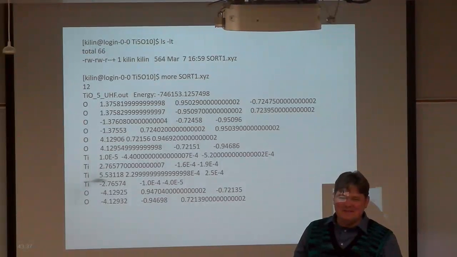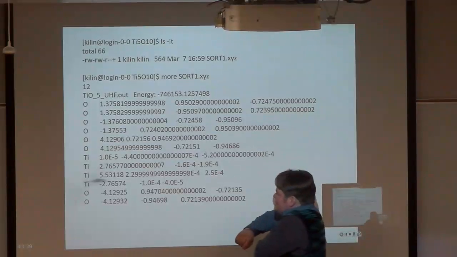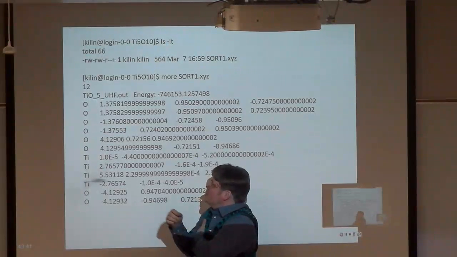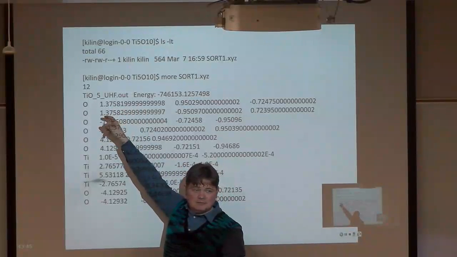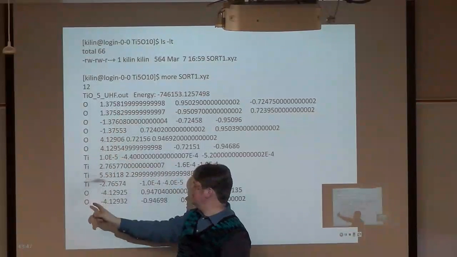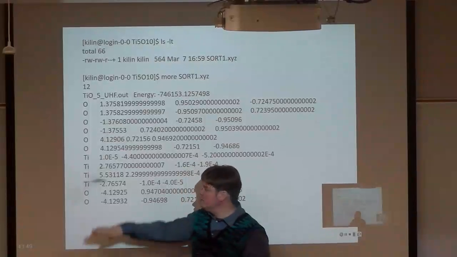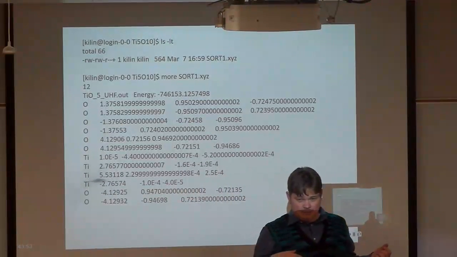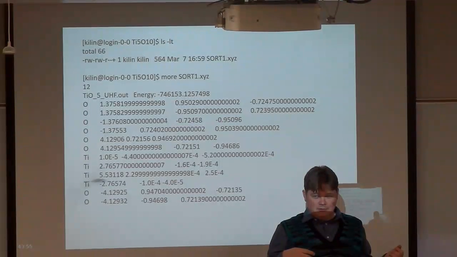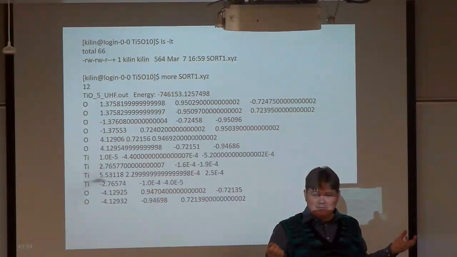So people who are not in VASP believe that one needs to specify the atom before each record. Like oxygen, 3 coordinates, titanium, 3 coordinates. And then you can toss them in any order you like, right? VASP was written in Austria by Germans, and they think that order should exist.